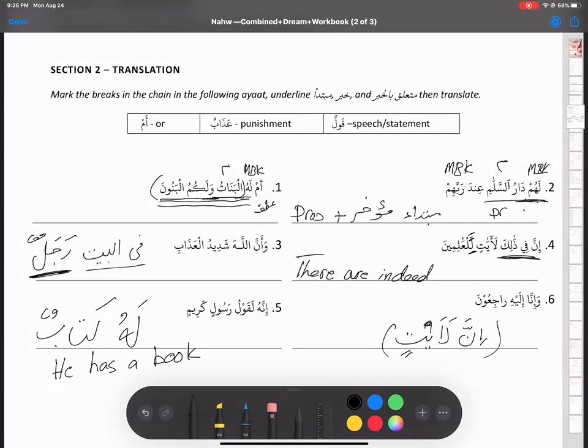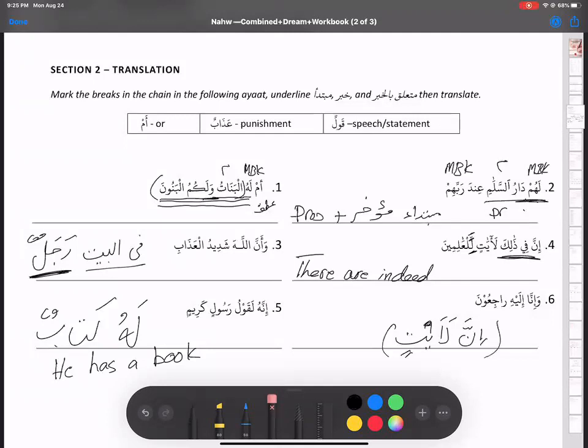And for exclusivity, what we add is something like "especially" or "only." So there is a special house of peace, or there is an exclusive house of peace for them near their Rabb.